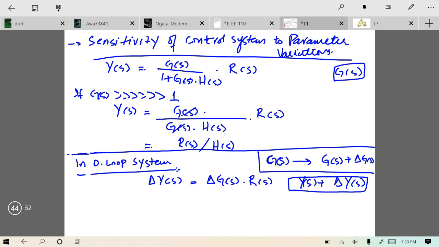Let's now see what will happen in a closed loop system due to this small change in g of s.